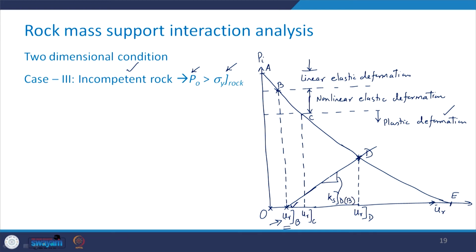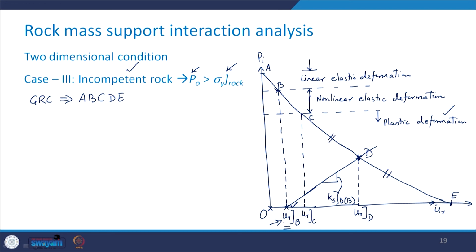B was allowed means that radial deformation corresponding to this B was already there before the installation of the support system. So, basically in this case now GRC is going to be the curve A, B, C, D and E, that means this curve.